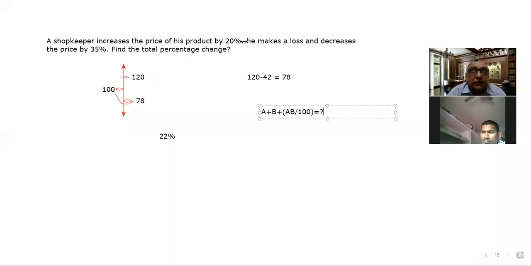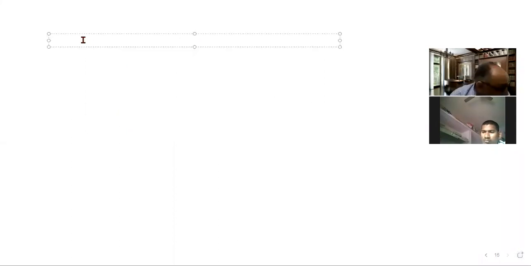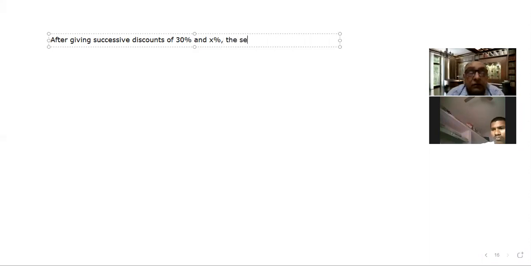So the last question is that after giving successive discounts of 30% and X%, the selling price of a shirt becomes rupees 98.